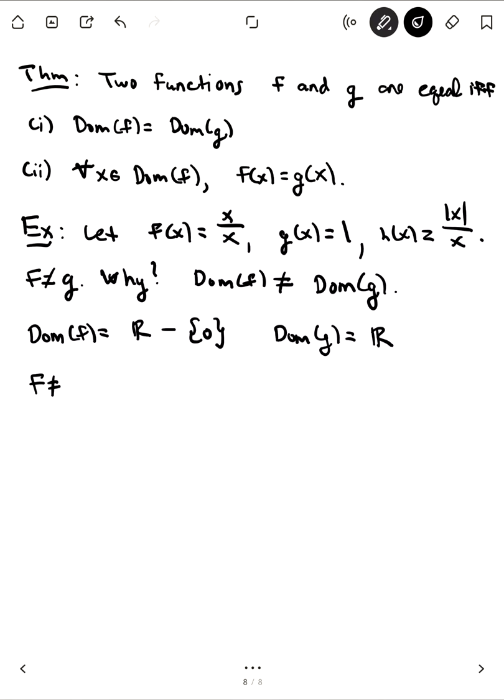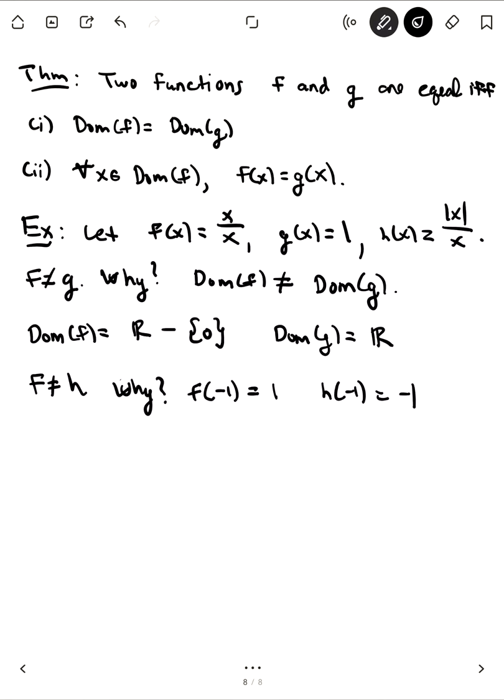Similarly, well, not similarly, but f does not equal h. In this case, the domains are equal, but the outputs are not equal. So, for example, f of negative 1 equals 1, but h of negative 1 equals negative 1.